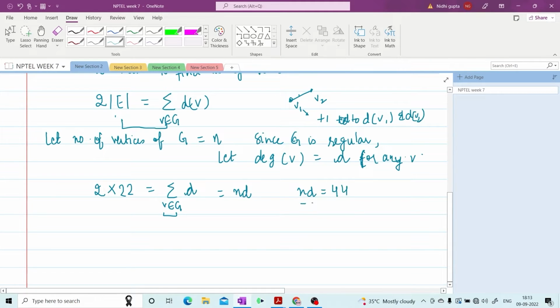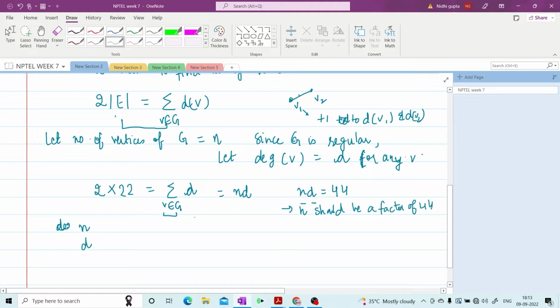Now both n and d are natural numbers. What are the possibilities for n and d? The first thing we can deduce is that n should be a factor of 44.